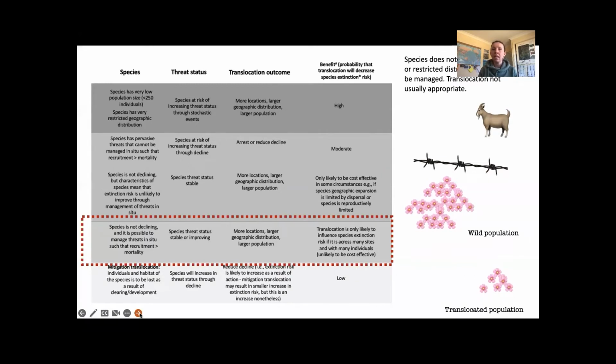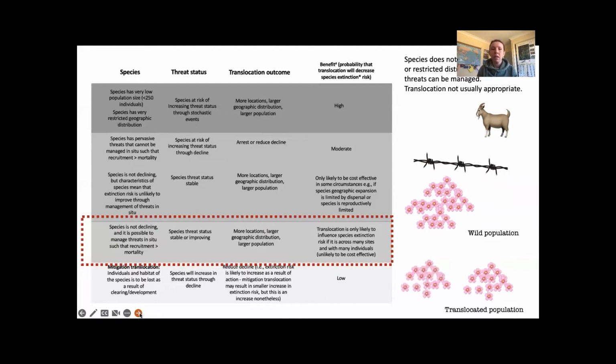And again, it's going to take a lot of translocating and a lot of new sites and new individuals to have a big impact on the extinction risk. And so, yeah, it's really unlikely to be cost effective if it's possible just to manage the threats at the site or the site's going along just fine as it is. So yeah, there are likely to be much higher priority species like the critically endangered ones we talked about at the top.